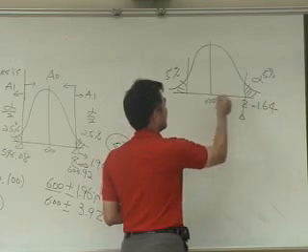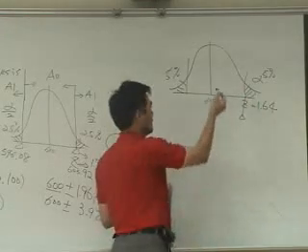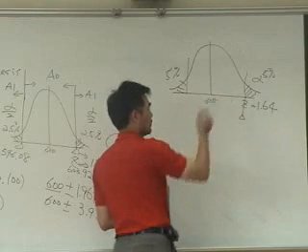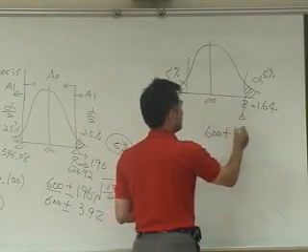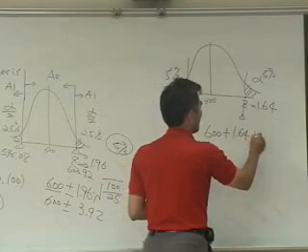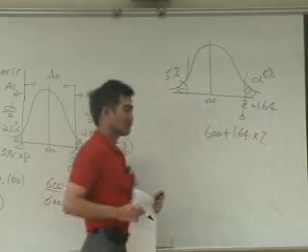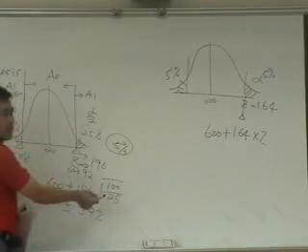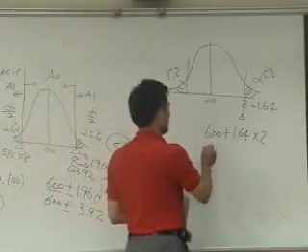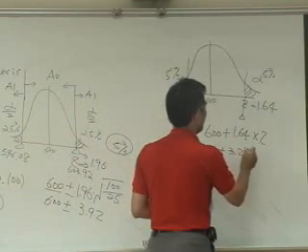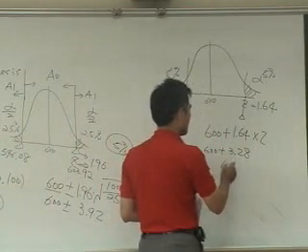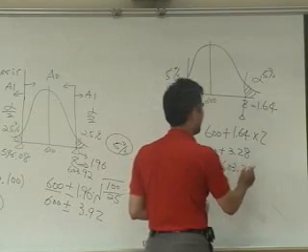You want to find out the value in terms of this distribution. So 600 plus 1.64 times 2, right? Because here it is equal to 2. So it is 600 plus 3.28. So it is equal to 603.28.